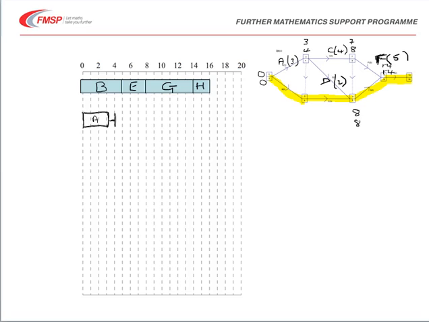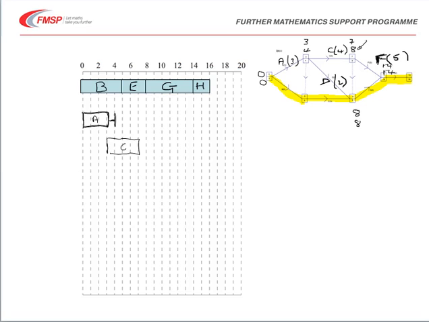Looking at C, it can start as early as 3. So it's in here. It's got a length of 4, so let's mark that in. But it must finish by 8.